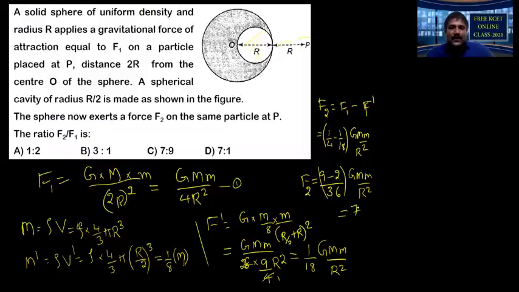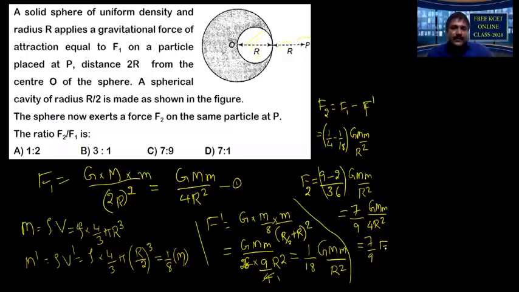To compare with F1, I have to write this G M m by r square in terms of F1. So G M m by 4r square is F1. So out of 36, I keep here 9 and 4 I take along with this r square. So 4r square in the denominator, G M m upon 4r square. But this part is 7 by 9.